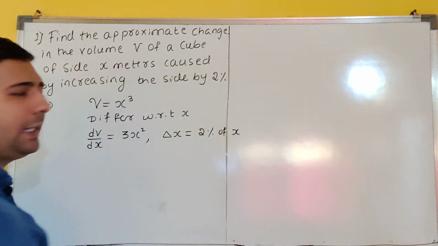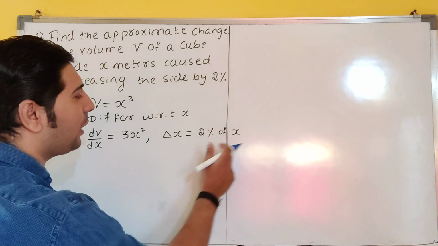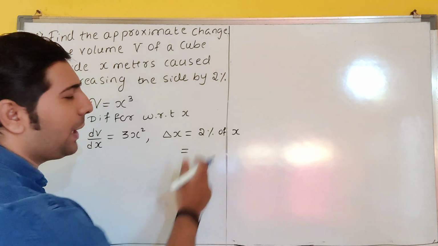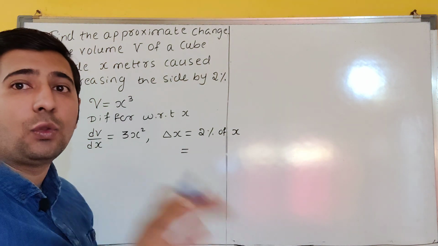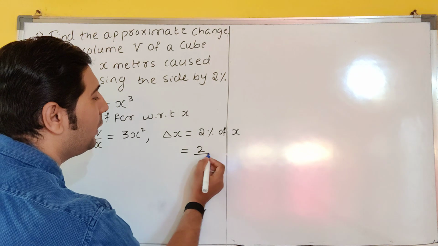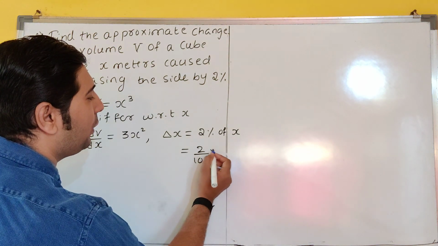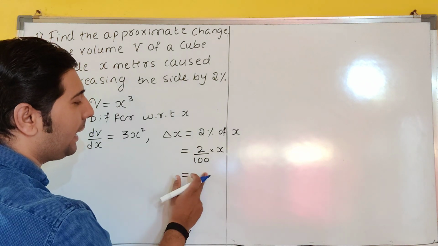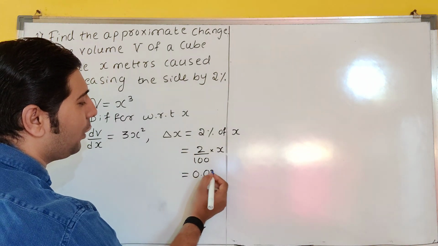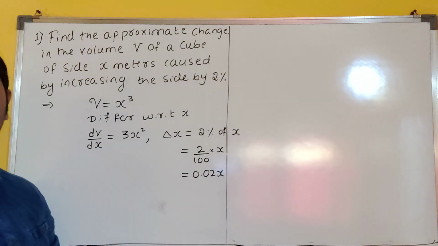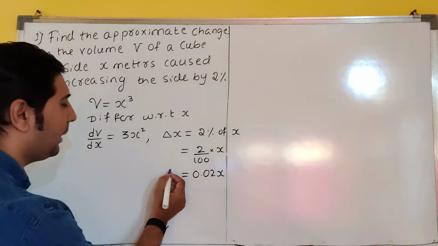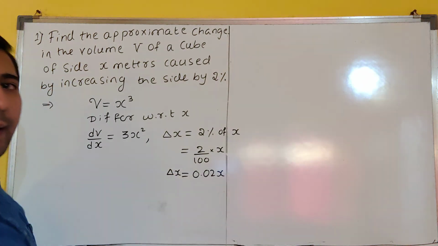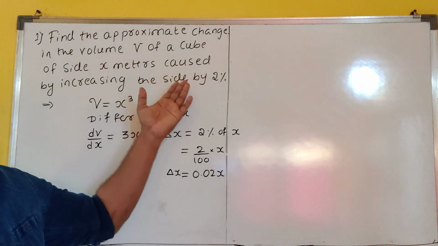So 2% means 2 by 100, dear students, 2 by 100 into x. 2 by 100 is how much? 0.02x, dear students. We got this value. This is nothing but your delta x. And we know the formula very well.